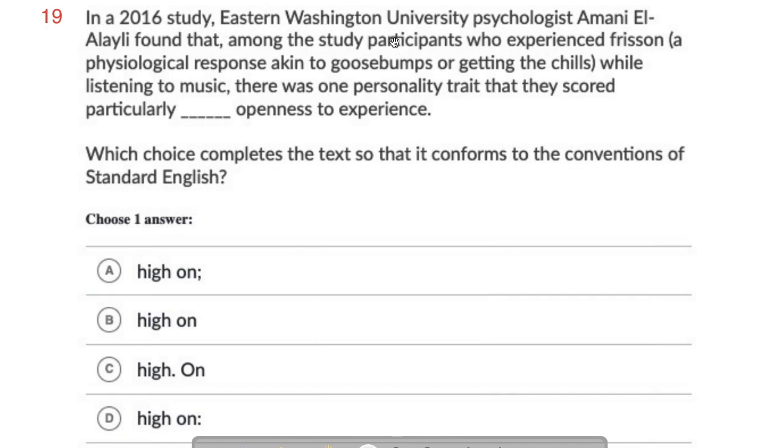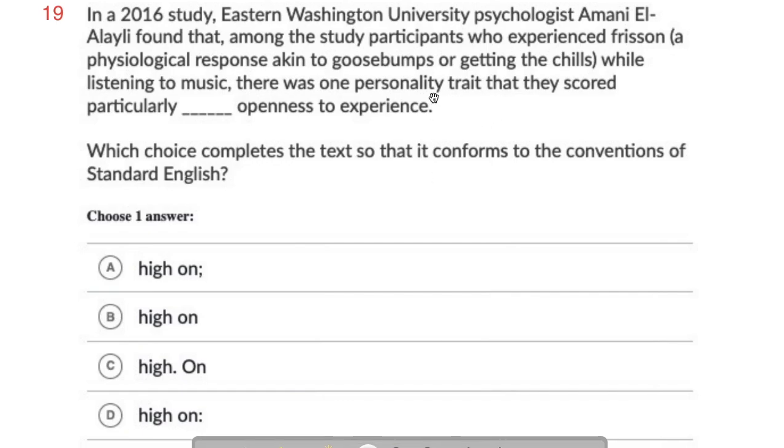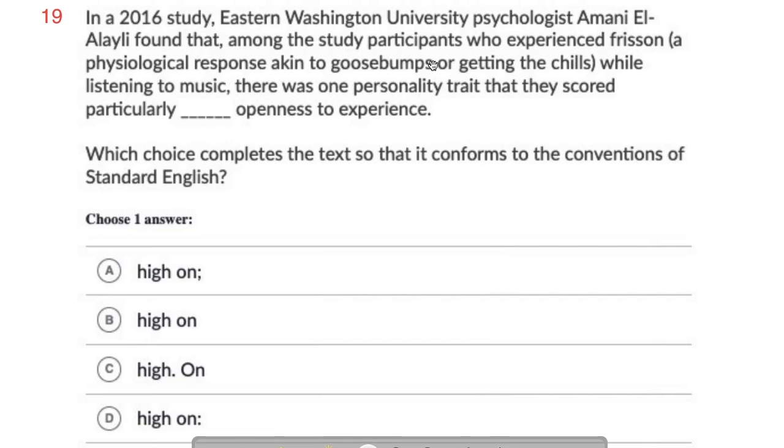Yes. In a 2016 study, so-and-so found that there was one personality trait that they scored high on. That's not great. I don't know if the College Board wrote this question. There was one personality trait on which they scored particularly high.